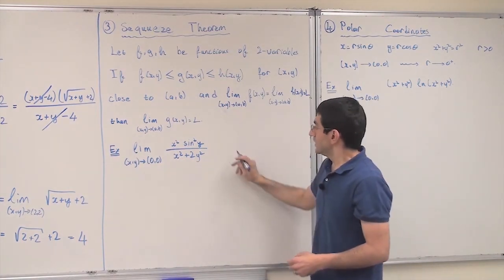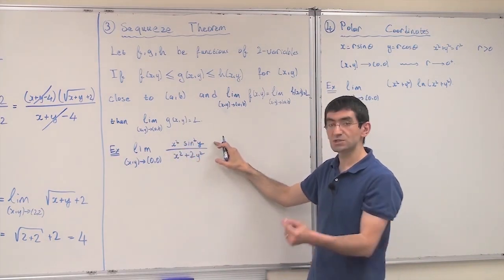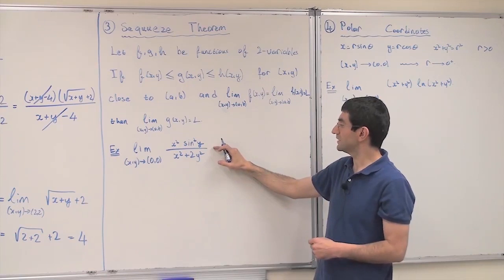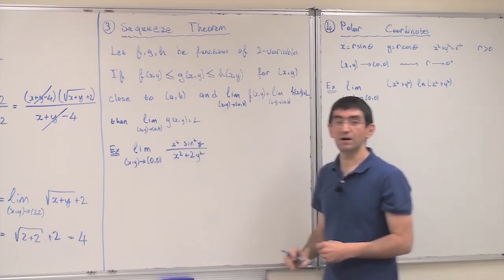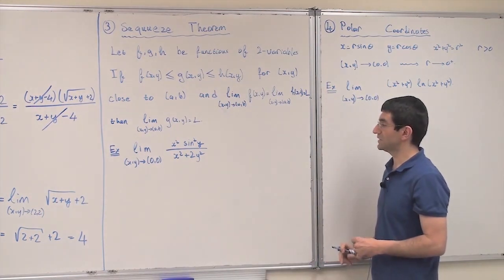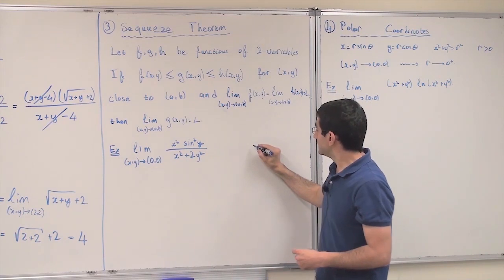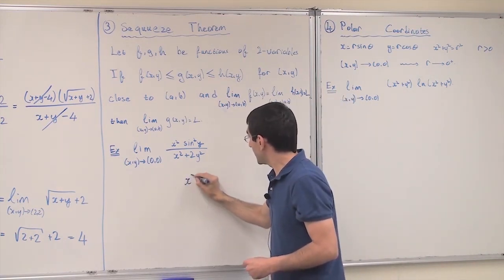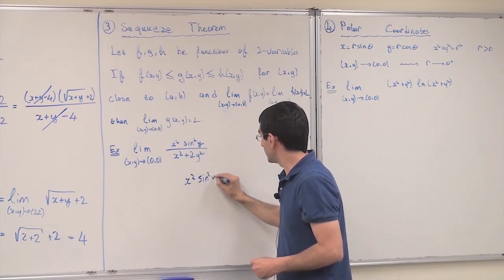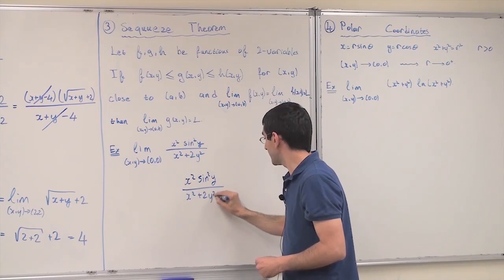To be able to use the squeeze theorem, I need to find functions which are smaller and greater than this one when x and y are close to the limit point 0, 0. So let's write our function here: x squared sine squared y over x squared plus 2y squared.